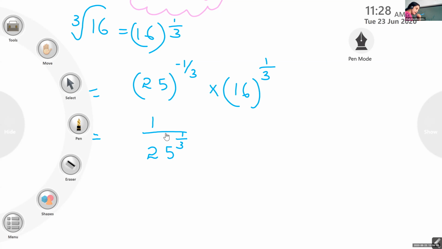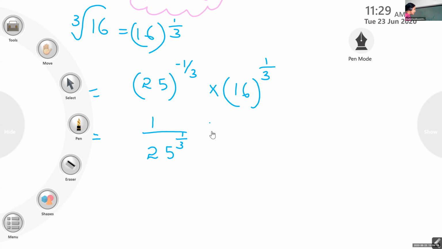Clear, Adidev? Yes, ma'am. Okay. See, 1 by 3 remains same. 25 is reciprocal. Base reciprocal only we are writing as 1 by 25 to the power 1 by 3. Instead of 25 raised to negative 1 by 3, we wrote as 1 by 25 raised to 1 by 3.